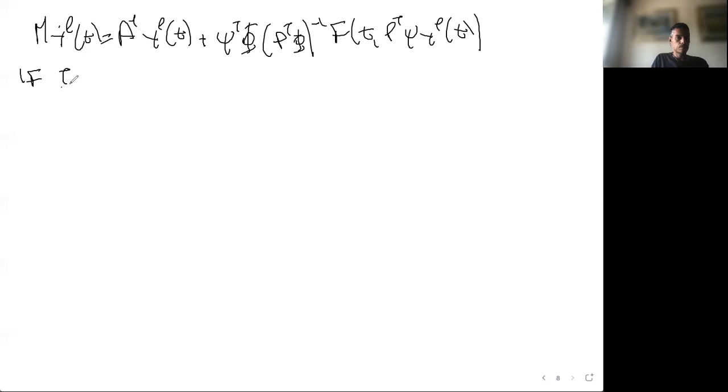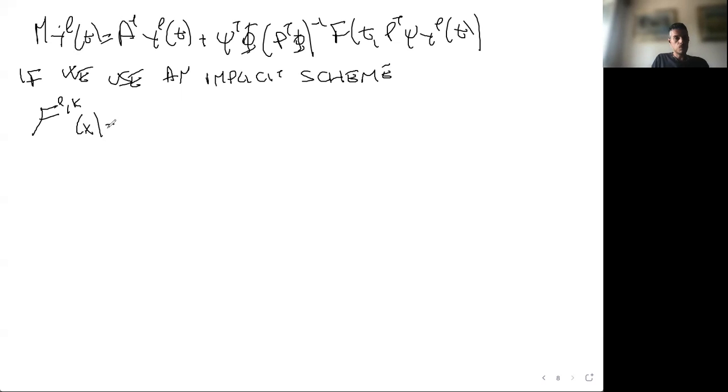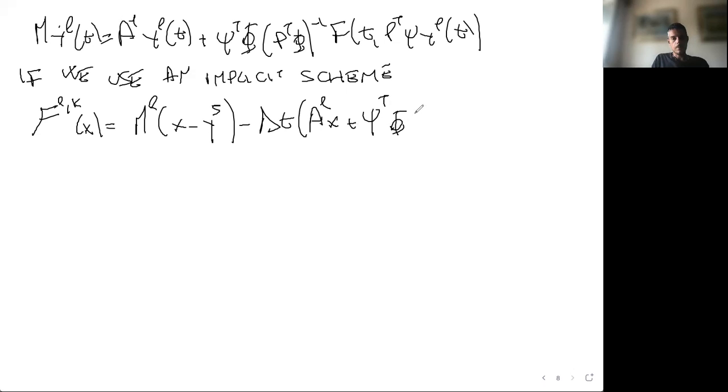If we use an implicit scheme, the function that we want to solve is going to be M_l x minus y_j, minus Δt times A_l x plus Ψᵀ Φ (Pᵀ Φ)⁻¹ f(t, Pᵀ Ψ y_l).